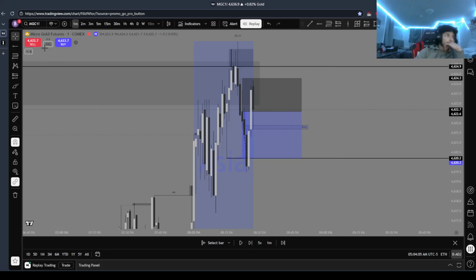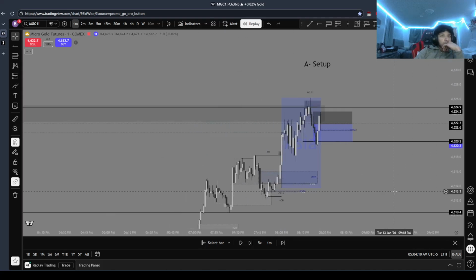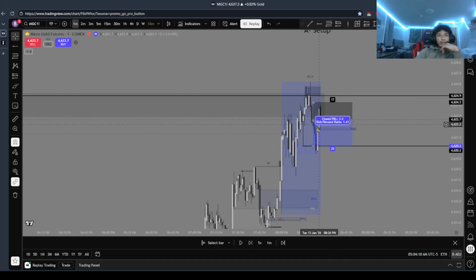Overall, I like the trade. It was an amazing trade, I think. Just poor trade management. I do think if we moved stops to break even after this point, this is where we got stopped out. Could have taken that. It would have been better than posting a video today about blowing an account.